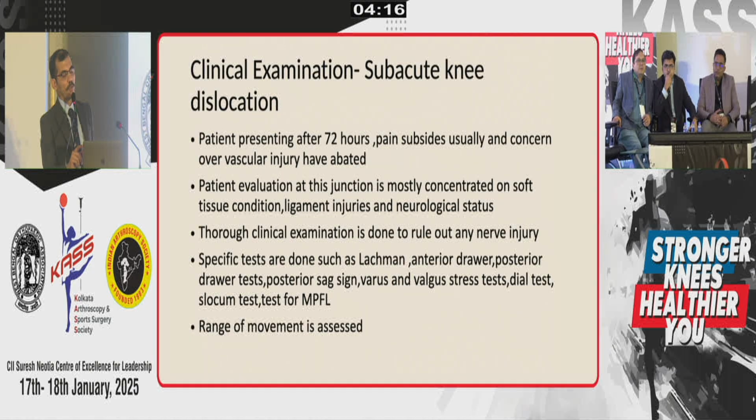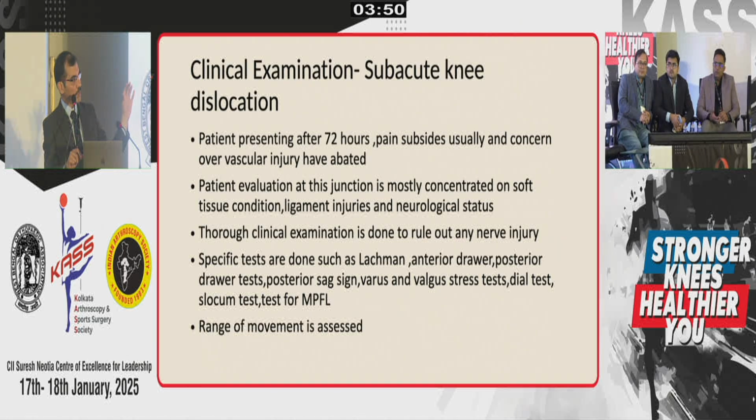In clinical exam of subacute knee dislocation, they are presenting after 72 hours, so vascular injury is not a concern, because vascular injury has already been diagnosed and sorted out. Patient evaluation mostly considers the soft tissue condition, ligament injuries and neurological status. A thorough clinical exam is done to rule out any nerve injury, and specific tests like Lachman and others all have to be done and documented.